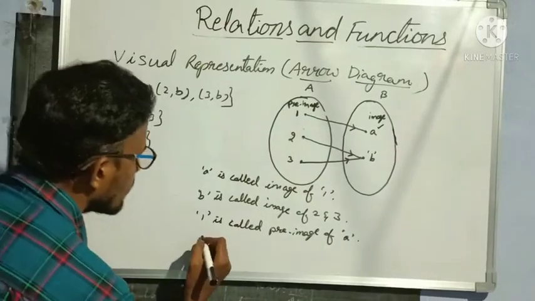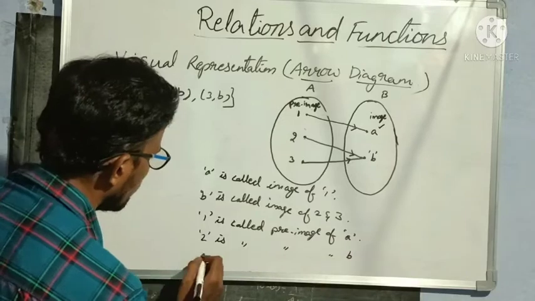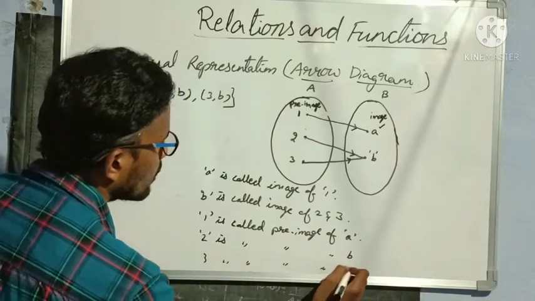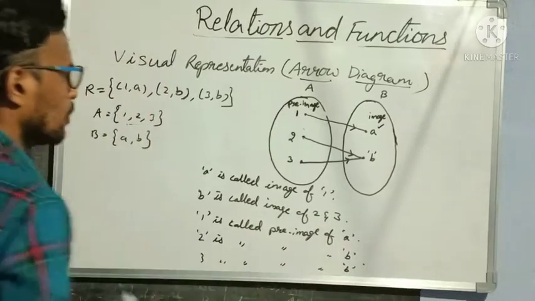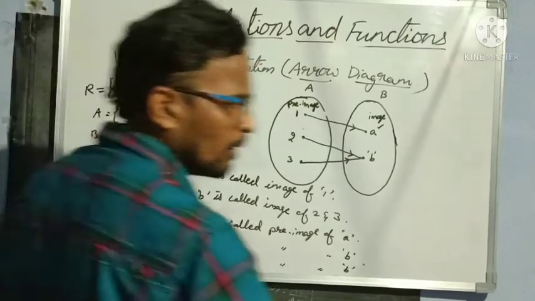In the same way, 2 is called the pre-image of B, and 3 is also called the pre-image of B. Everybody understood what is image and pre-image? Very, very important, right? Okay.